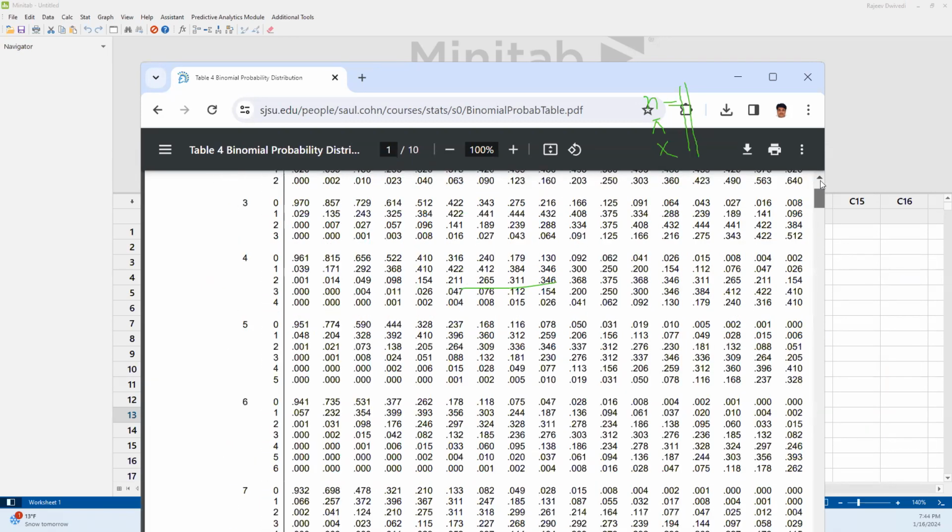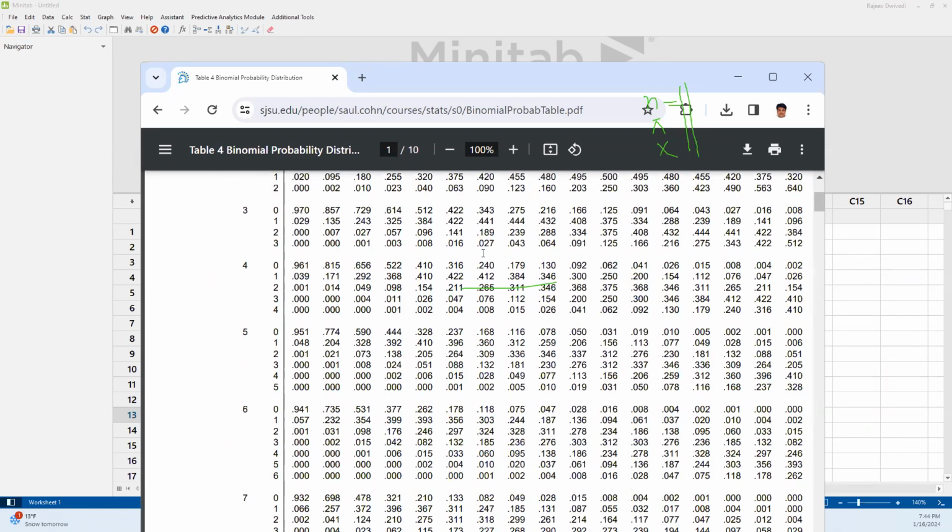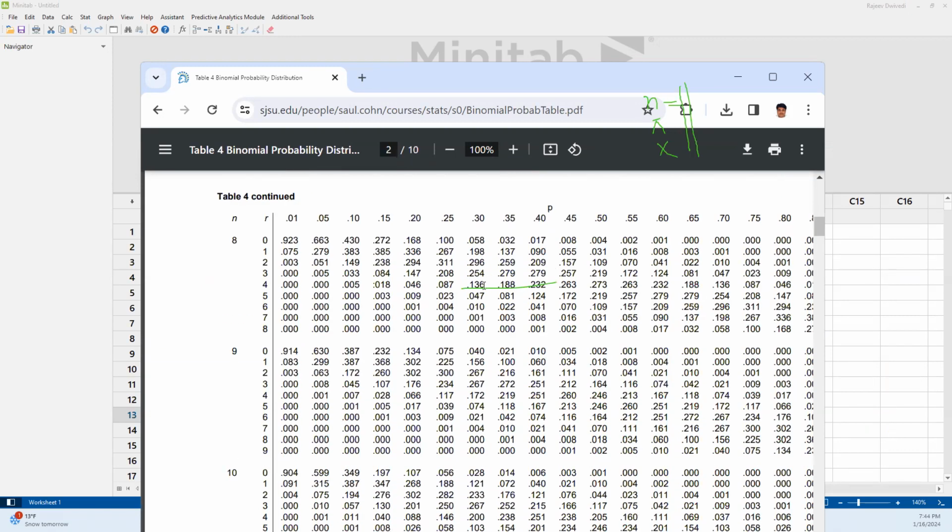If the question asks for more than or less than, then you have to add all of them, or subtract all of them, in a multi-step process.